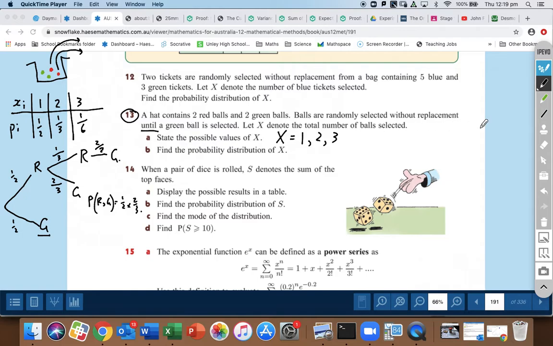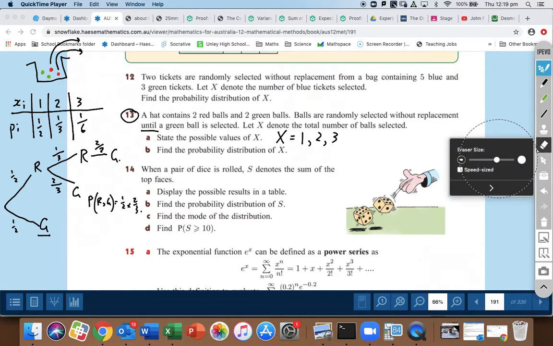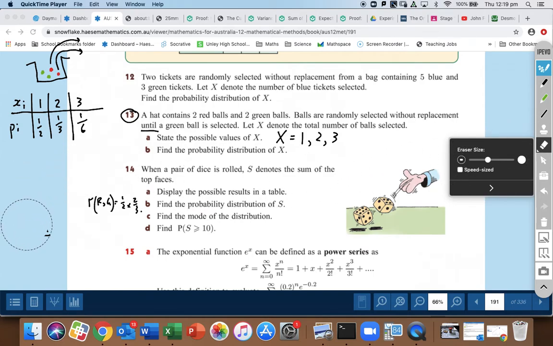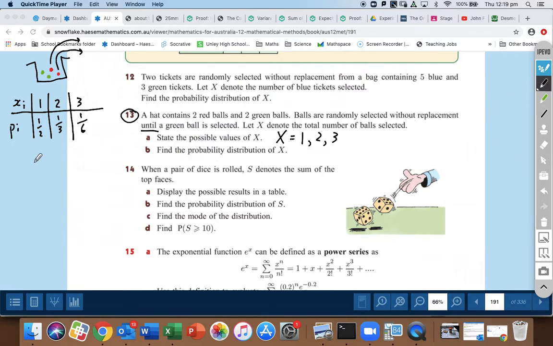All right. Now, if this is a valid probability distribution, which it is, then all of those probabilities need to add up to equal 1, and they do. So if you did 1/2, right, 1/2 is 3/6 plus 1/3, that's 2/6, plus 1/6, this equals 1, and that's what we're looking for, right?